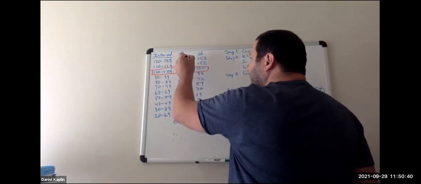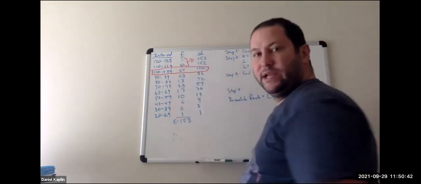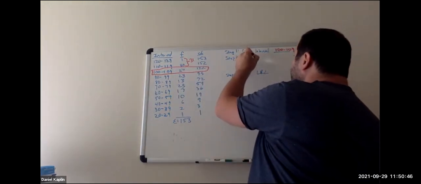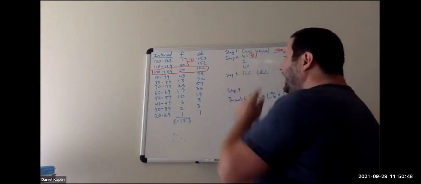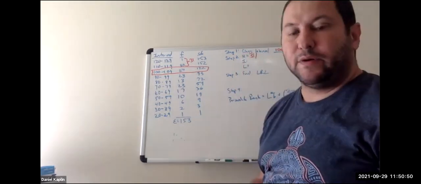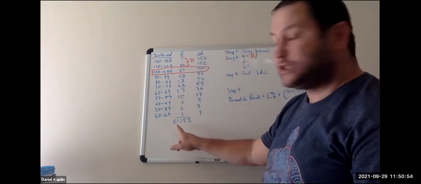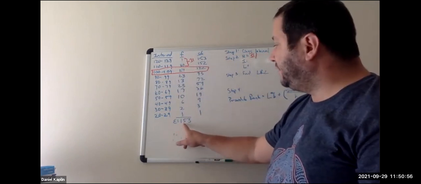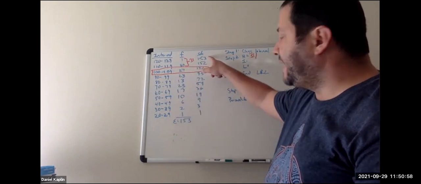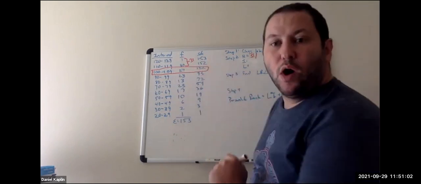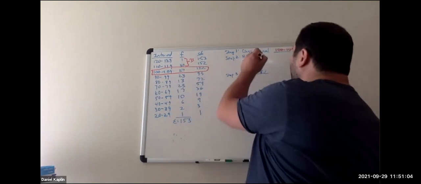If we add that up, there's 31 cases, right? So I'm going to do 31 divided by the total number of participants. Now, if you add up the frequencies, just like in lecture 2, we had 153 participants. It matches the cumulative frequency at the top. So we're going to do 31 divided by 153.